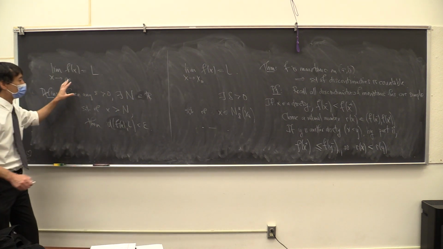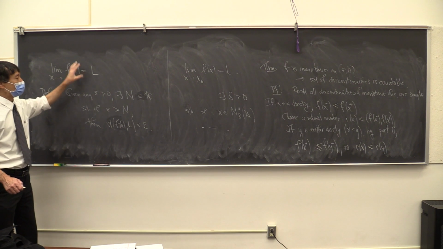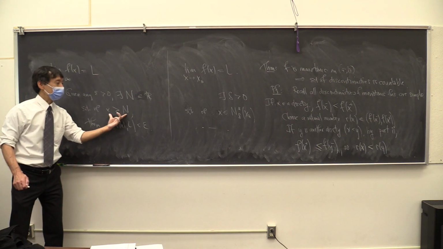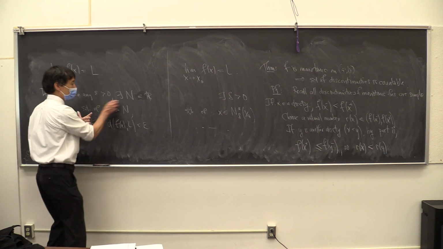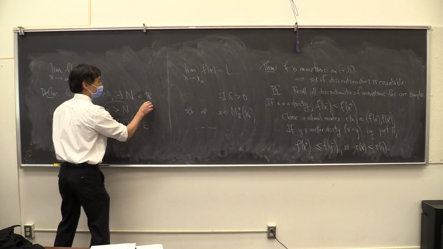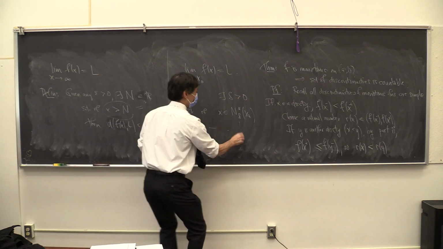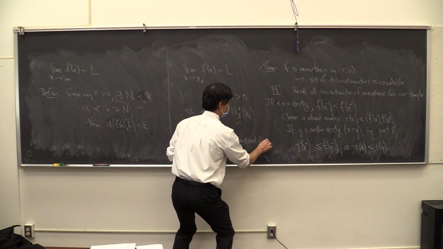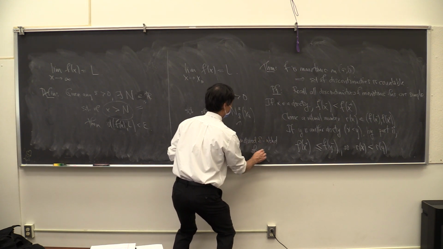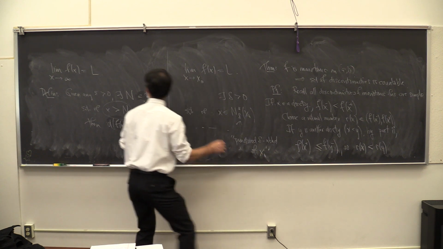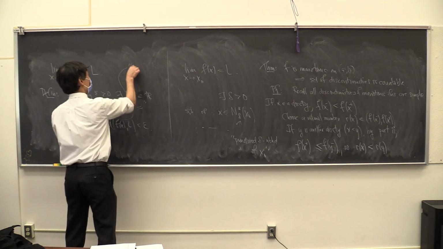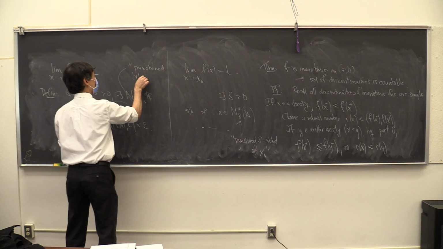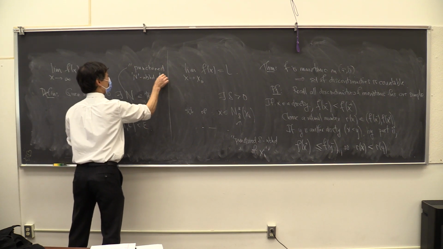Over here, we're saying given an epsilon neighborhood of L, there's this neighborhood of infinity. You want to think of this thing as like your punctured n neighborhood of infinity, where that guy there is the punctured delta neighborhood of x naught.